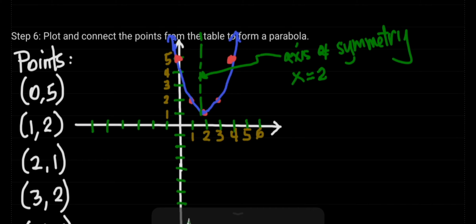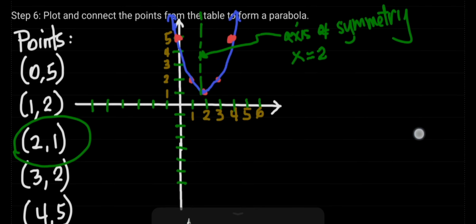And 2 is the x coordinate of the vertex. So this is the vertex. So the x coordinate is 2, and that is the axis of symmetry.